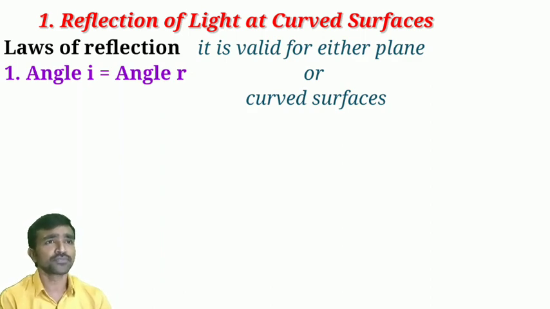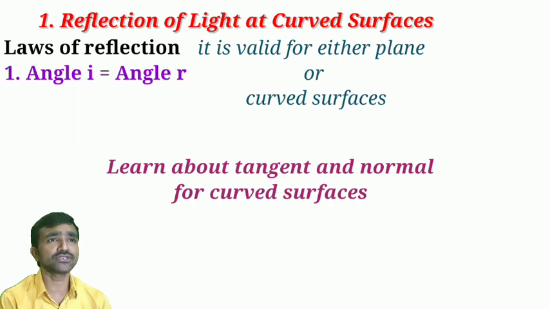Then what about this law in the case of spherical mirrors? Is it valid or not? You can verify that using spherical mirrors also. But for spherical mirrors, you need knowledge about the tangent and the perpendicular drawn at the point where the tangent meets the curved line. I will explain that in the next class.